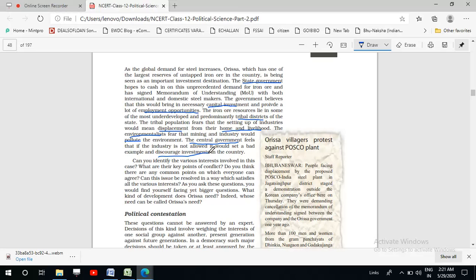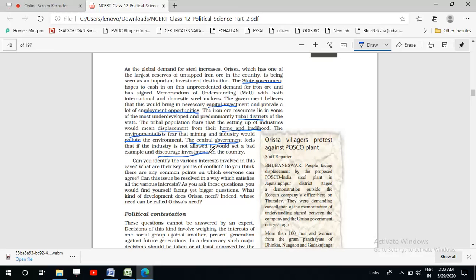The tribals are considering their problems, and for them this idea of development is harmful, because of it they will lose their living place as well as livelihood. And then there are environmentalists who think that this process of development is detrimental for the environment.